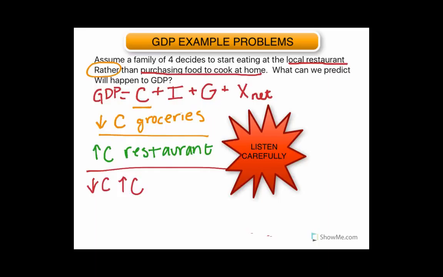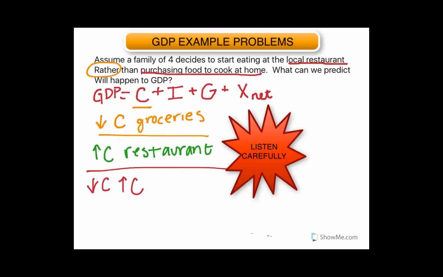So what happens overall? The most important thing to realize is that at a restaurant, you're receiving 2 things: the good, your food, and the service of the restaurant making and prepping your food.